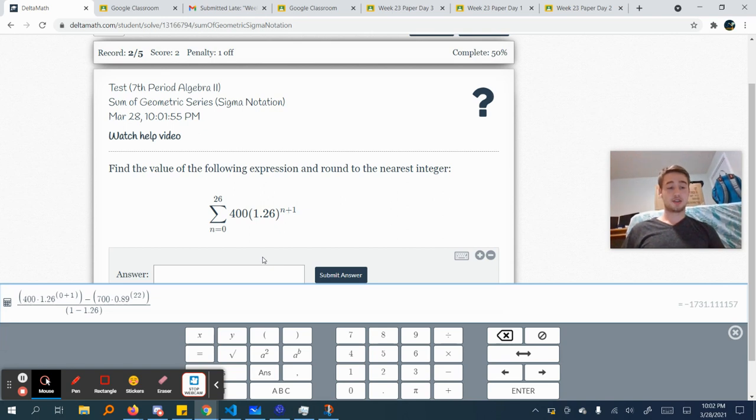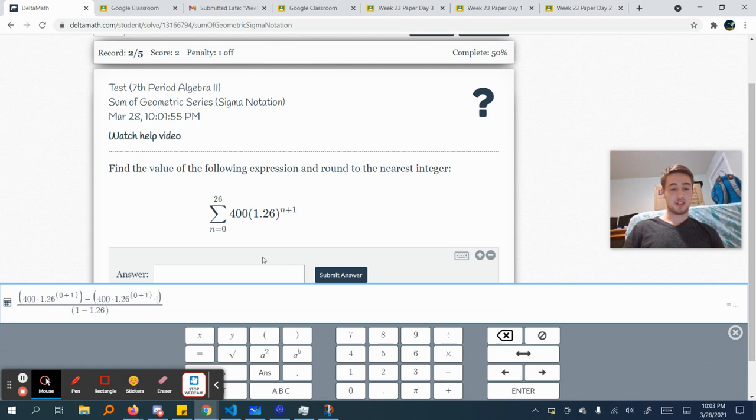So this minus the same term raised to the 0 plus 1, and then multiply that by r to the n.